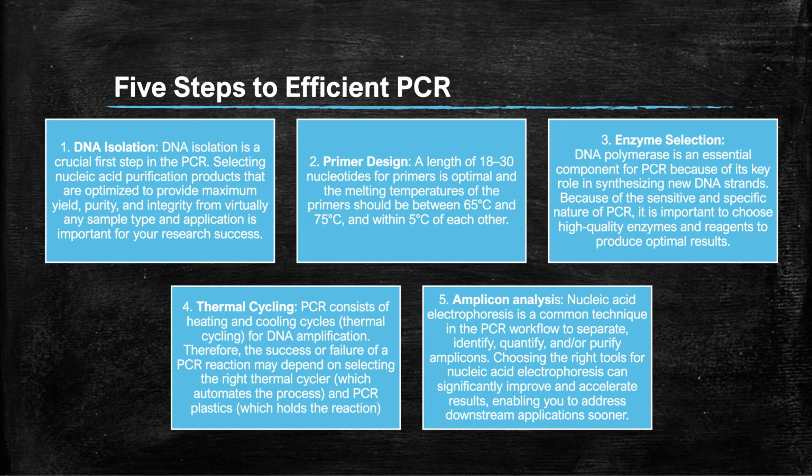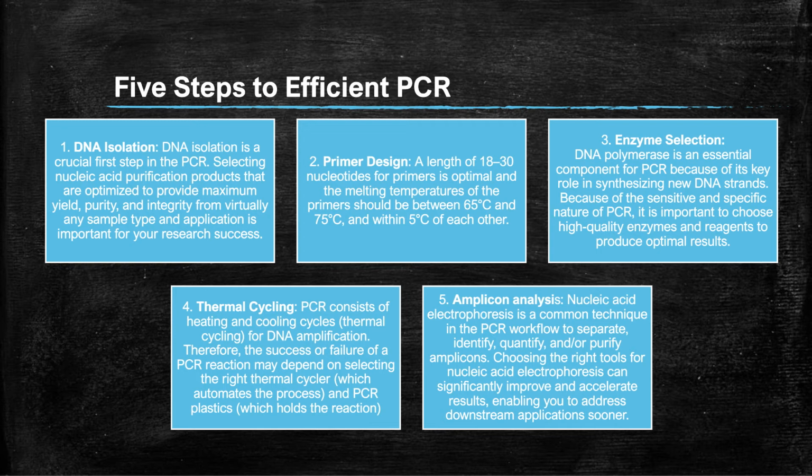Now the thermal cycling. PCR consists of a heating and a cooling cycle for DNA amplification. Therefore, the success or failure of a PCR may depend on selecting the right thermal cycler, which automates the process, and the PCR plates, which hold the reaction.